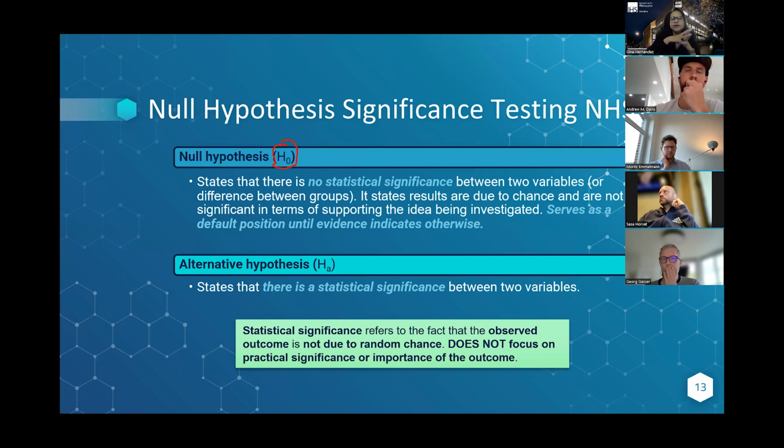So in order to know if this finding is actually significant or not, or if it was due to something specific in our sample and it is just random that we are getting this difference, we run this significance test.